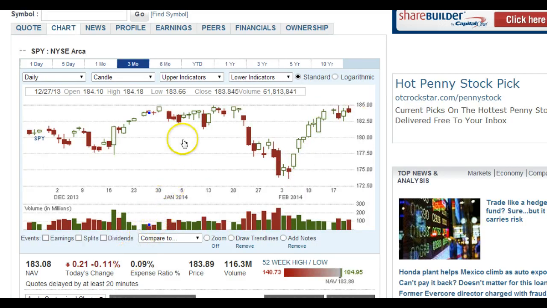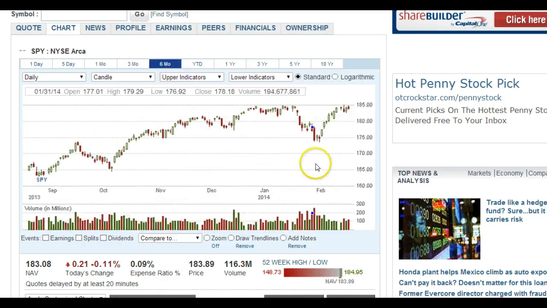If I go to a 6-month chart, you can kind of see the pattern is now drawn out a little bit more. And when we look where the S&P originally broke out, it broke out from its prior ceiling right in here.